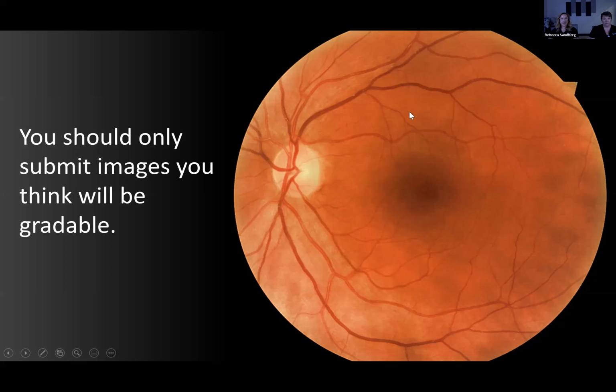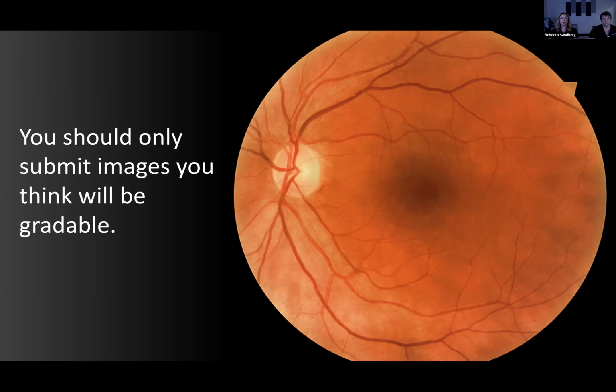So I just want to jump back to this slide to address our first question. One of the questions that came through is about what makes up an ideal image and how do you know if it could be gradable or not? In this slide, this would be an ideal image.